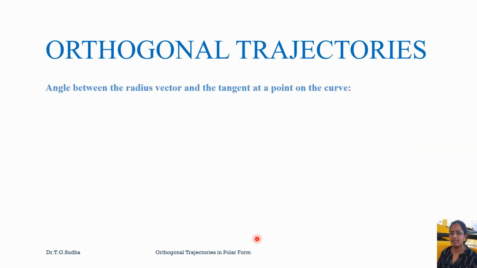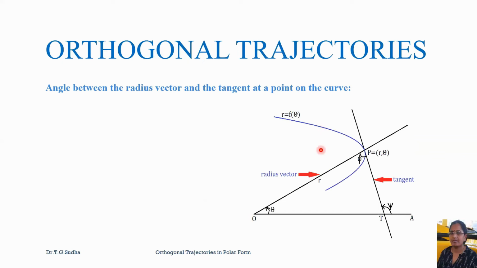Before going to the orthogonal trajectories, let us discuss about the angle between the radius vector and the tangent at a point on the curve, which is required to discuss the orthogonal trajectories. So let us consider this diagram. P is the point on the curve r is equal to f of theta. So OP will be equal to r, the radius vector, and at P we are drawing a tangent PT, and PT is making an angle psi with the positive direction of the x-axis.